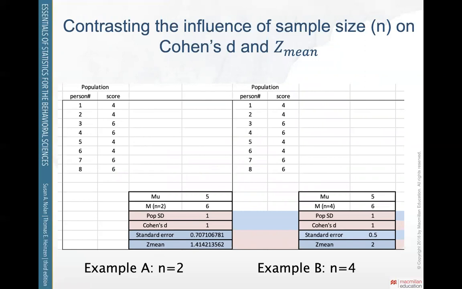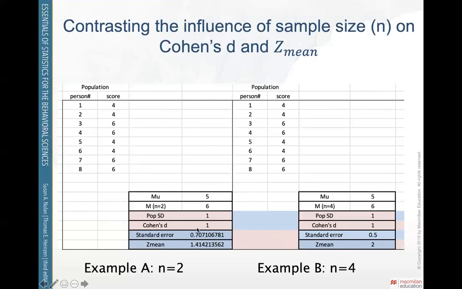But remember, for Z mean, you're not dividing by population standard deviation. You're dividing by the standard error. And I've calculated the standard error, which is the population standard deviation, 1, divided by the square root of the sample size, which is 2. 1 divided by the square root of 2 gives you this long decimal number right here.